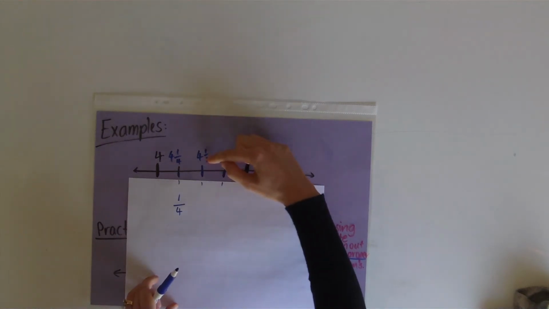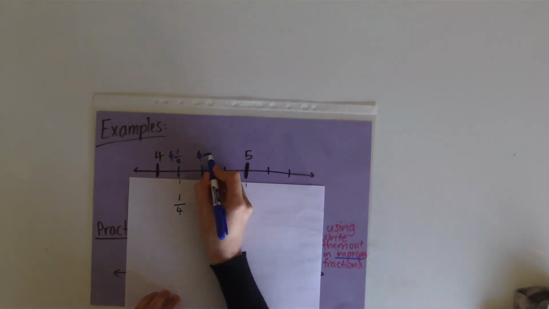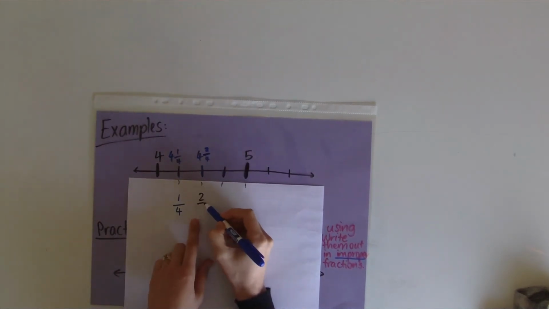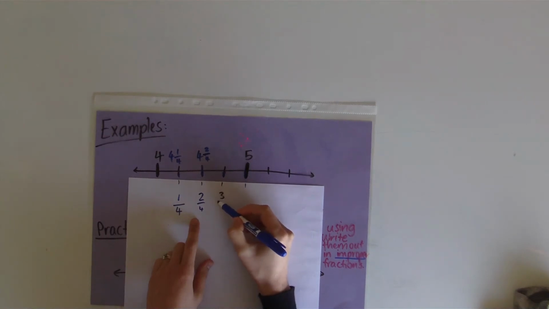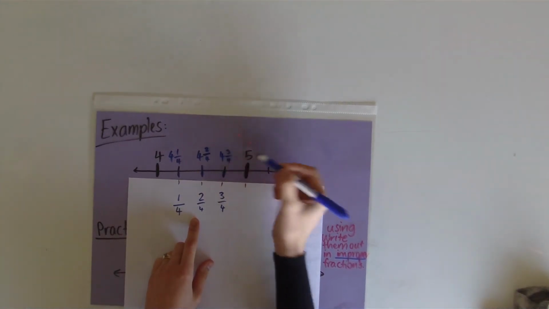Now instead of 4.5, you could actually just write 4 and 2/4, because the next one is 2/4, and then 3/4, so it's 4 and 3/4.